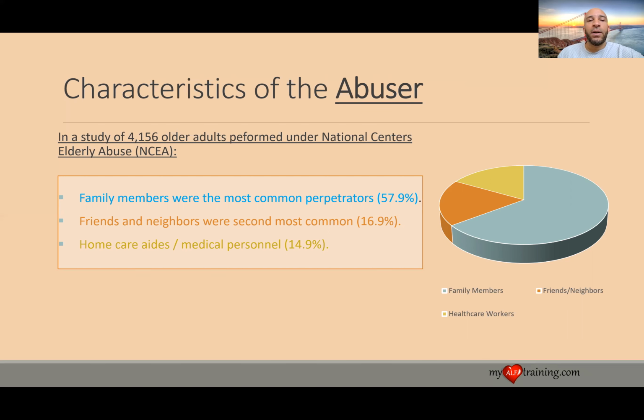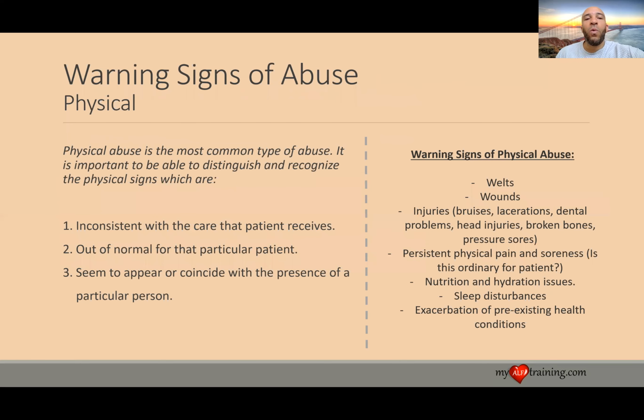We're trying to familiarize ourselves with what the abusee looks like and what the abuser looks like, and also what are some warning signs of abuse, so we can first notice when someone is being abused, or that there is an increased risk that a person is likely to be abused, and then take the correct protocol to report our suspected abuse.